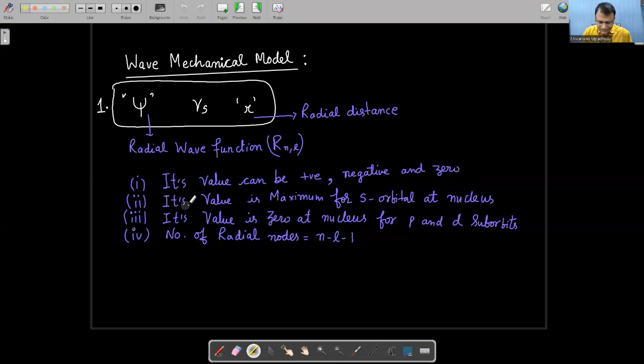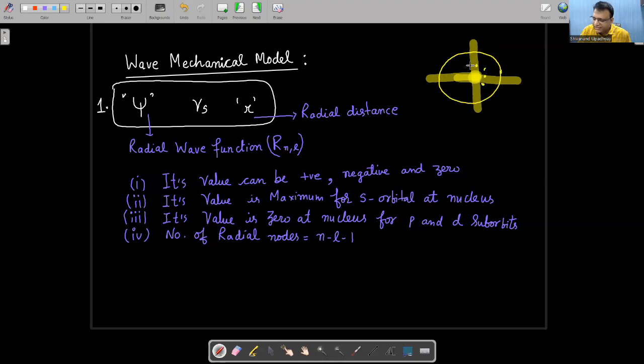The second point is that its value is maximum for s orbital at the nucleus, and the logic behind it is, when we are talking about s orbital, suppose this is the x-axis, y-axis, and this will be the origin. With respect to the origin, when we are discussing the 1s atomic orbital, the probability of finding the electron near the nucleus will be more.